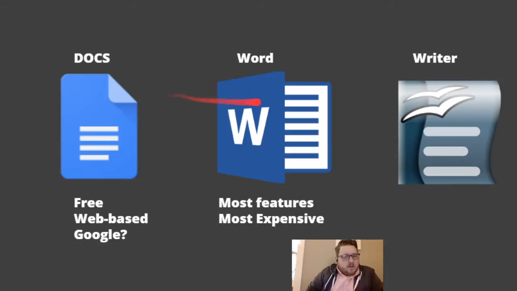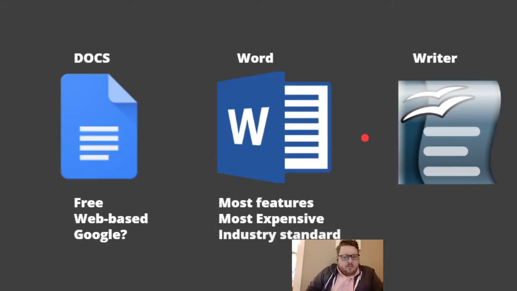But with both Docs and Word, if you pay the fee for Word, they both have cloud-based storage options. Google Docs is fully cloud-based, and that's what makes it great. Word can be. You just have to pay the monthly fee.